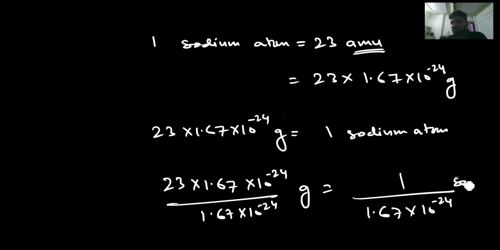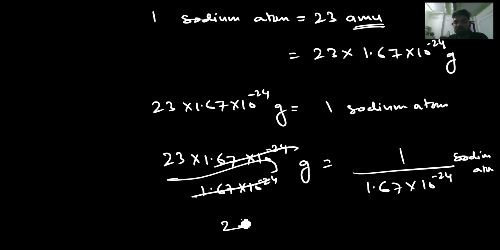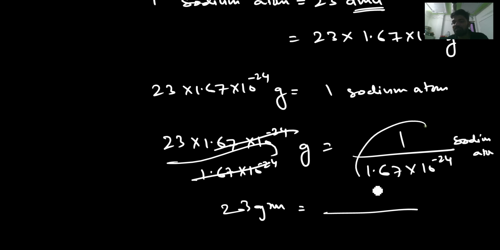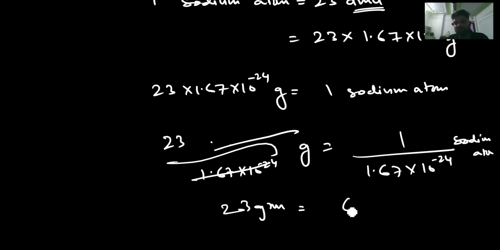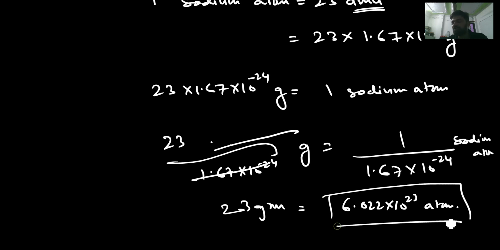So the sodium atom mass cancels out, and 23 grams of sodium is going to have, when you divide this value, 6.022 into 10 to the power 23 atoms. Every time you are going to find this value. This number comes out, 6.022 into 10 to the power 23.